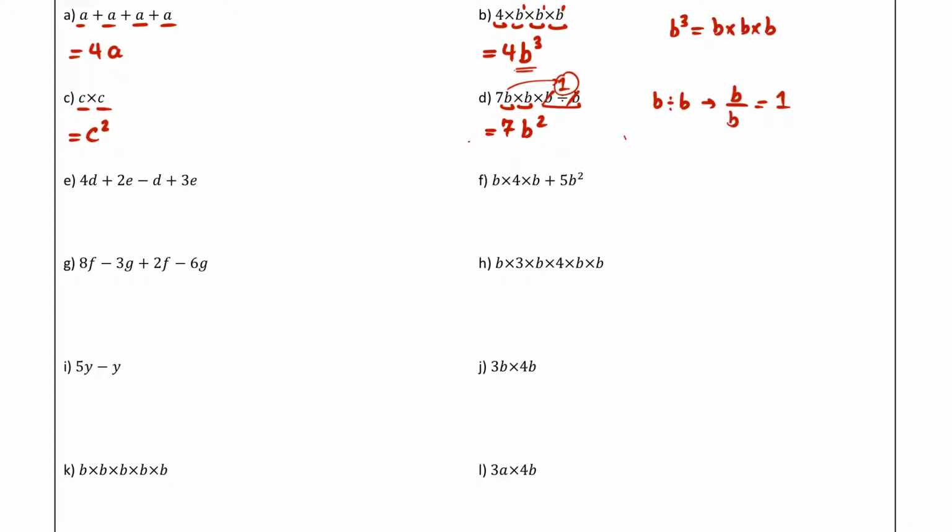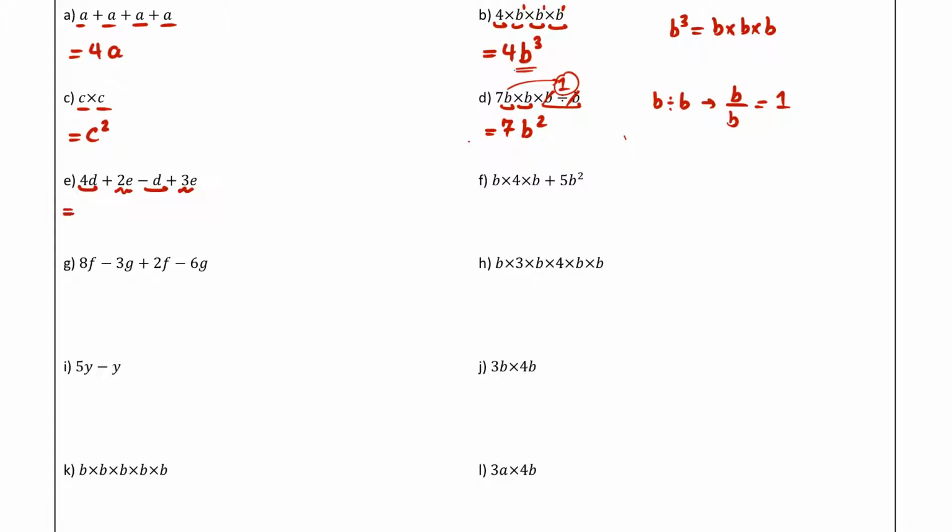In the next example here, I have addition and subtraction of different terms. So first thing I want to do is identify any like terms. So in this case, I have 4d and d here, and I have e and e as my other like terms.